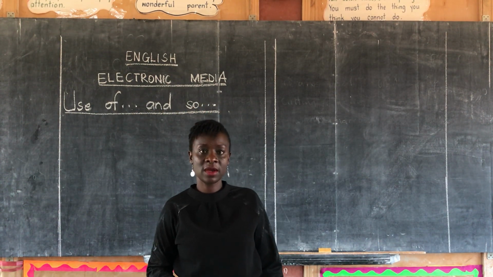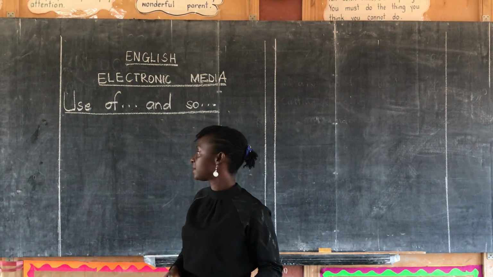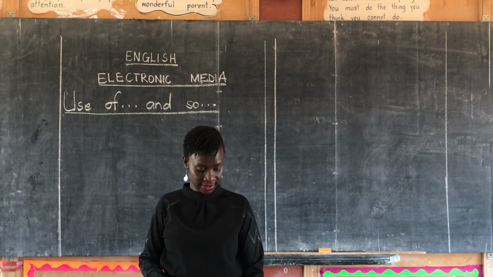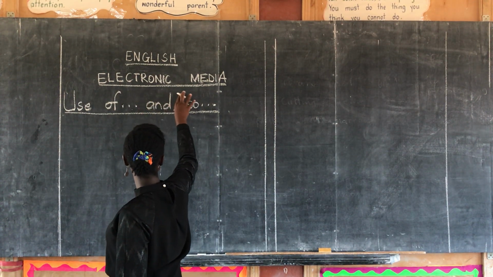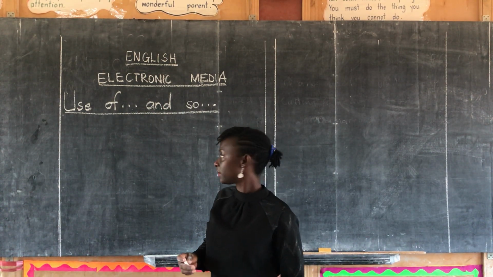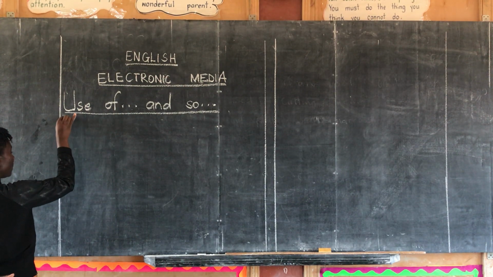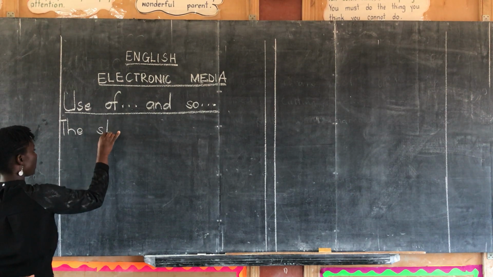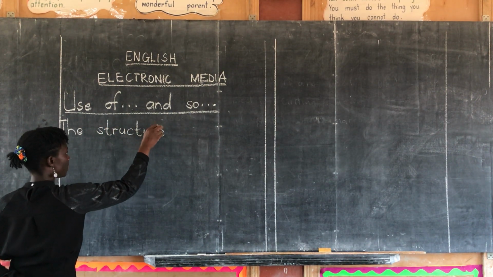Now, this may also not be very new to us. We looked at it somewhere in our primary 6. What does "and so" mean, or when is it used? When is this structure used?